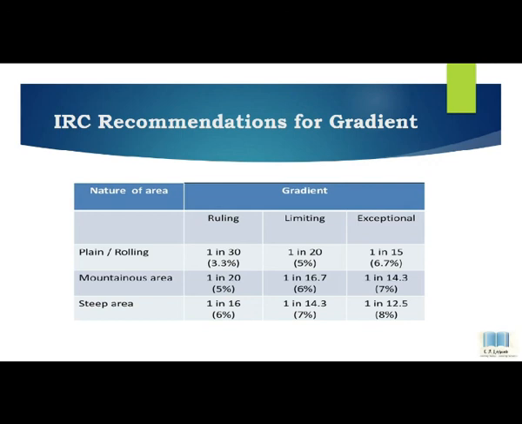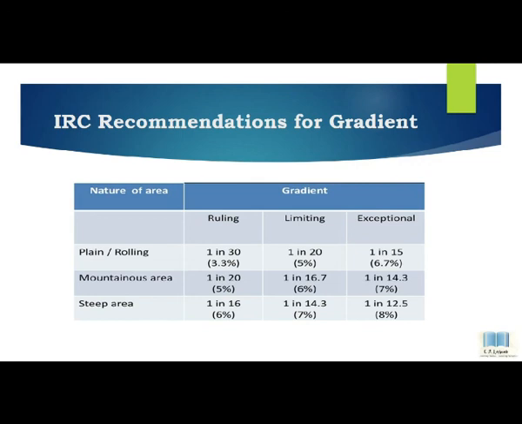Then for steep nature of area, the ruling gradient is 1 in 16.7, that is 6%. Then limiting gradient is 1 in 14.3, that is 7%. And for exceptional gradient, it is 1 in 12.5, that is 8%.